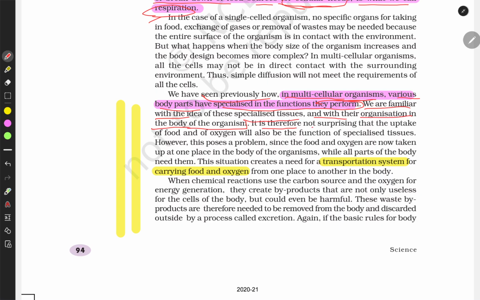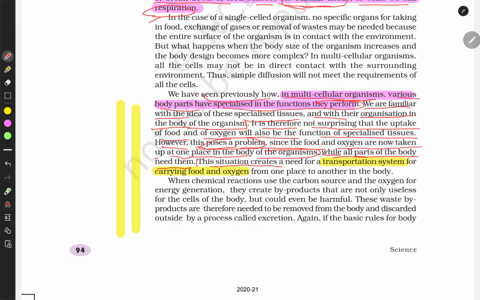It is therefore not surprising that the uptake of food and of oxygen will also be a function of specialized tissue. However, this poses a problem since food and oxygen are not taken up at one place in the body of the organism, while all parts of the body need them.